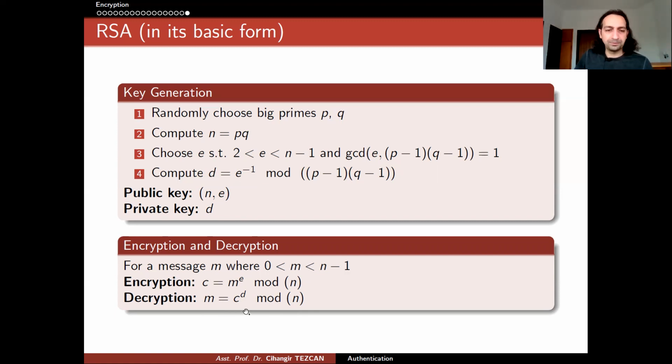As you can see, the public key algorithms are based on number theory, and it is easy to perform encryption and decryption, but you have to be careful about something. I told you that the choice of E actually affects your performance, right?